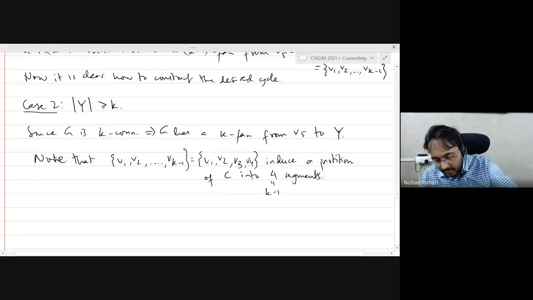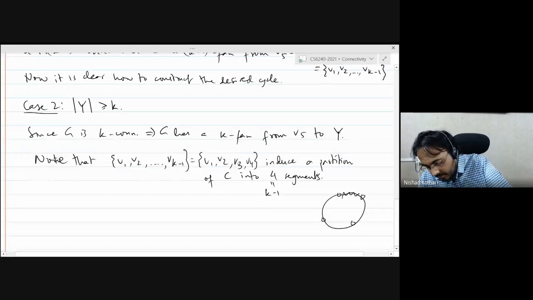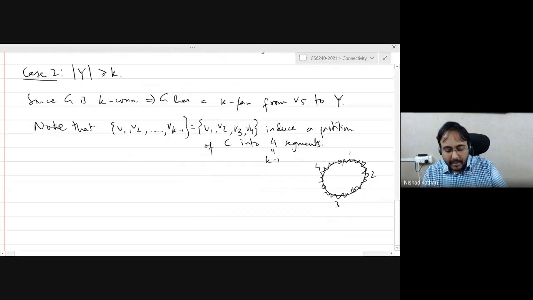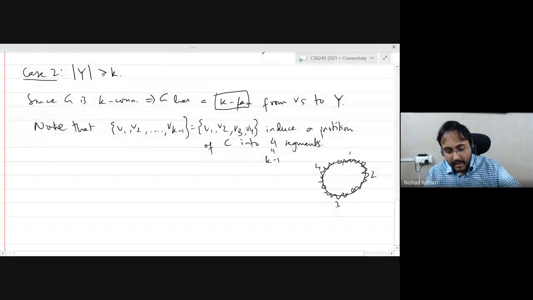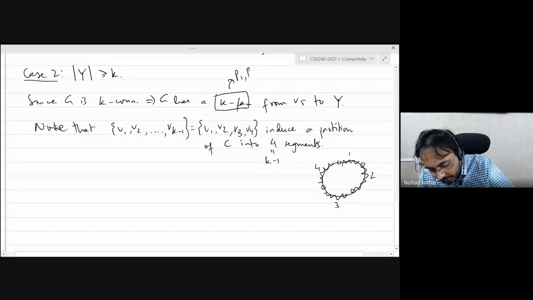So if you have k minus 1 vertices on a cycle, then you get these k minus 1 segments 1, 2, 3, and 4 between the consecutive vertices, right? And because I'm taking a k fan, let me call this fan P1 up to Pk.